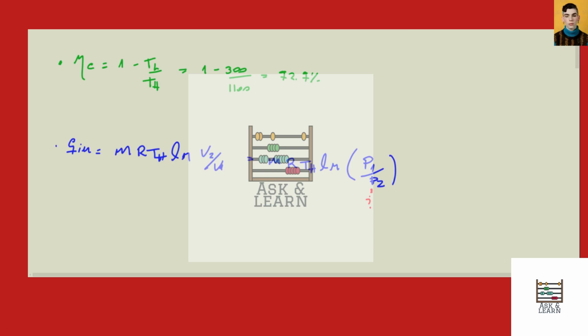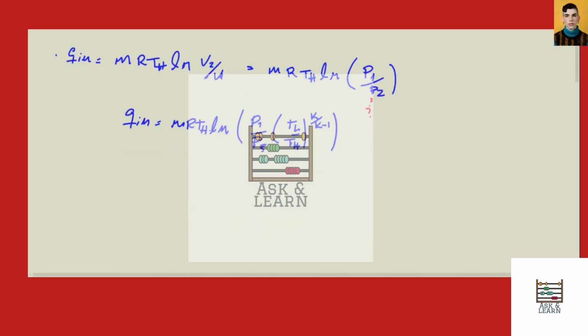And since this is an isentropic transformation, we can rewrite the heat input as m R TH natural log of P1 over P3, multiplied by (TL/TH) to the power of k/(k-1). Okay, so it's a little ugly, but we just need to use in P2 the isentropic transformation for the pressure.